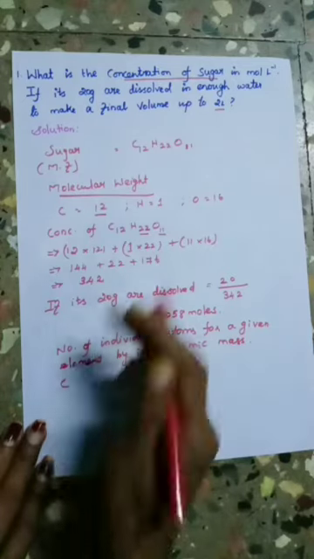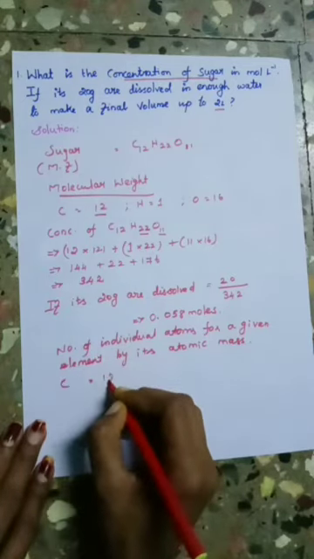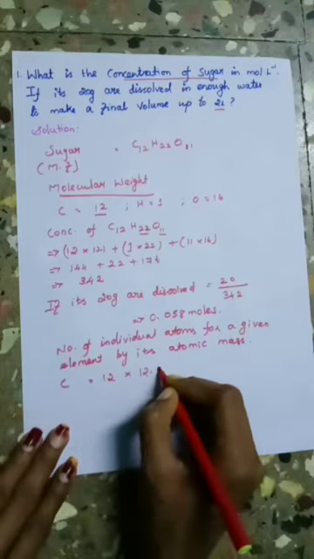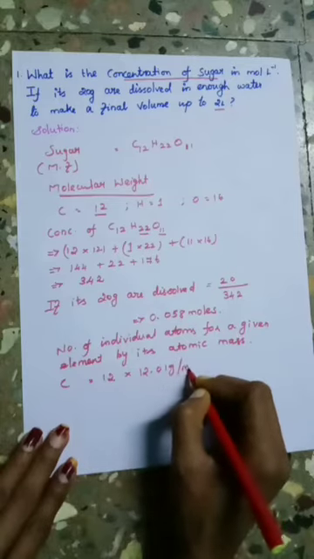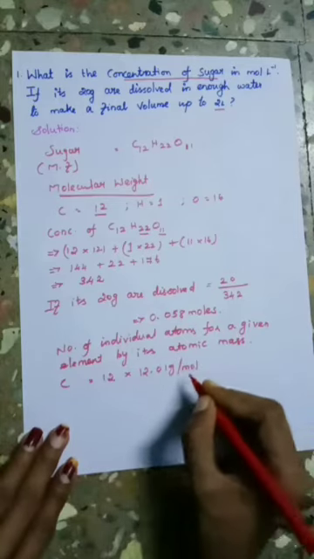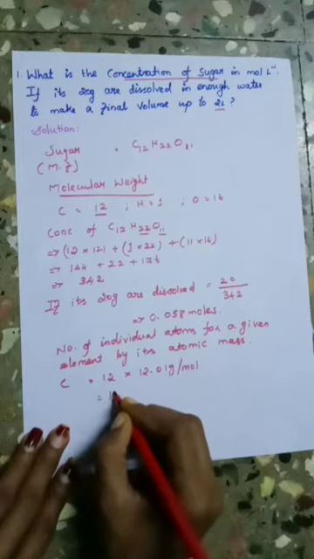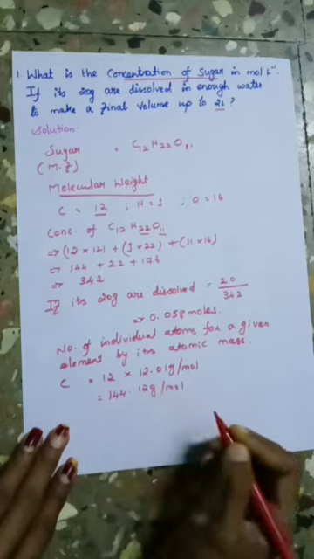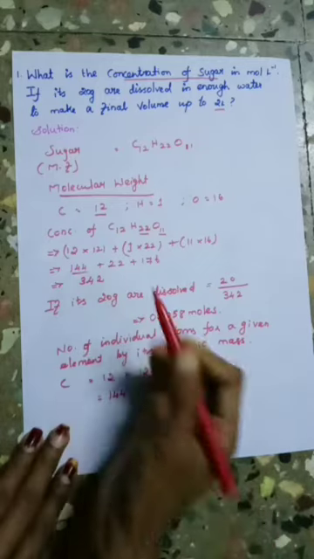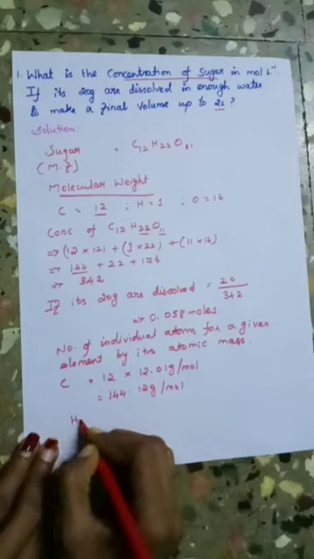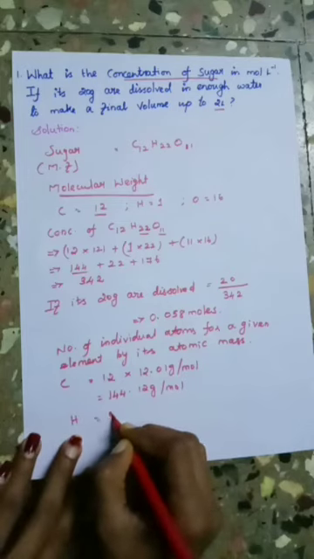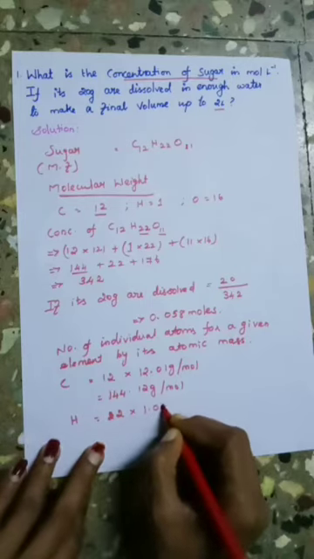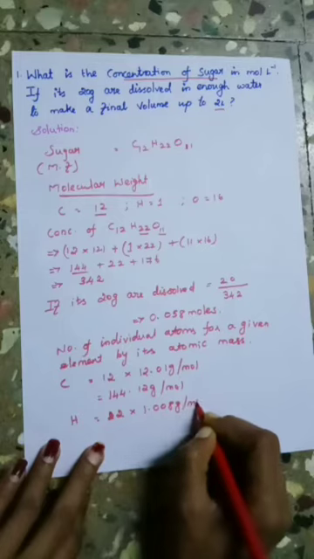First one is carbon. Carbon is 12 and the atomic mass, we know, is 12.01 gram per mole. When we multiply, we get 144.12 gram per mole. Correct? Same answer only. Next, for hydrogen: 22 and atomic mass is 1.008 gram per mole.